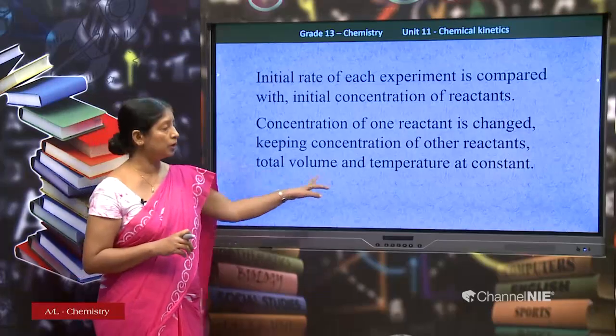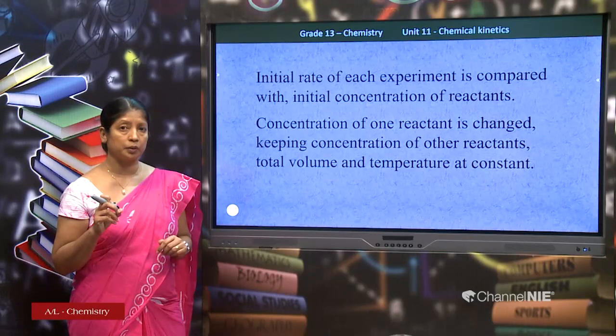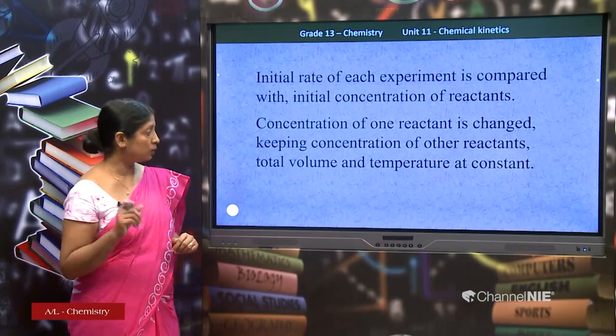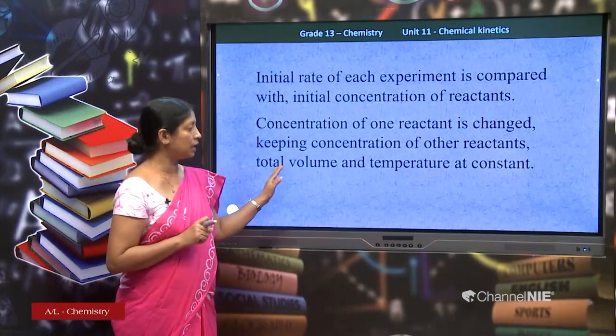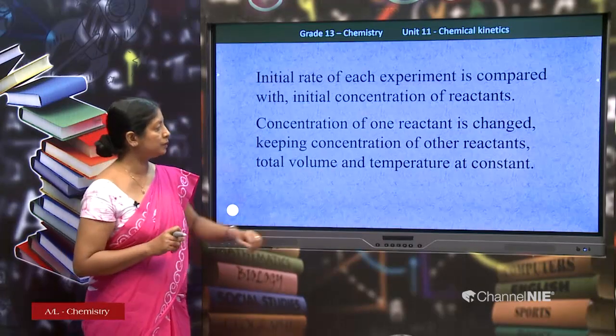When the total volume of the system varies, the concentration of the one which you are trying to keep constant also varies. That is why we need to have the total volume as well as temperature at a constant value in this method.